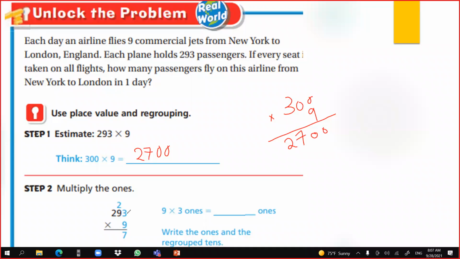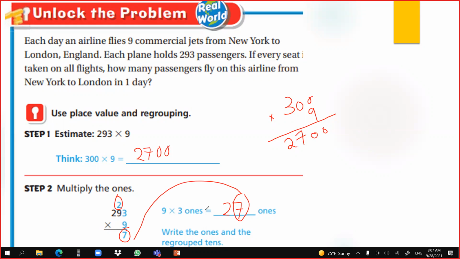So 9 times 3 is, what's the product of 9 times 3? Yes, grade 5? 27. So we have 27. Then you write the ones down and the tens up, 2 here.